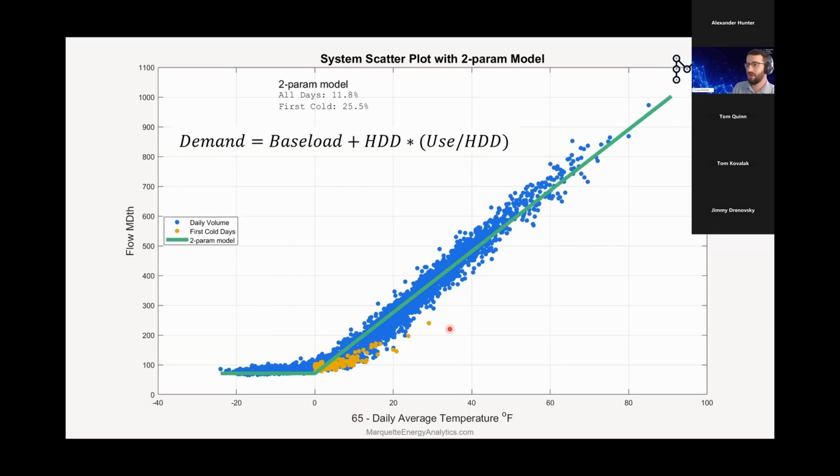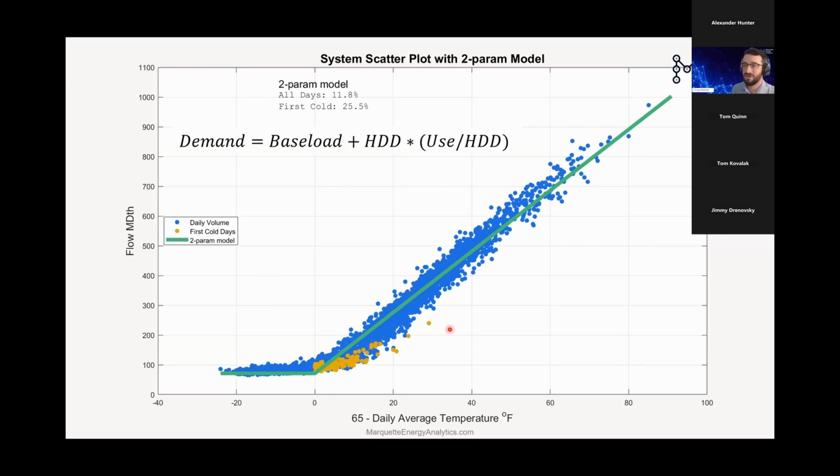So this green line represents a pretty basic gas forecasting model where our demand equals our base load plus our heating degree days times our use per heating degree day. And this model does okay.